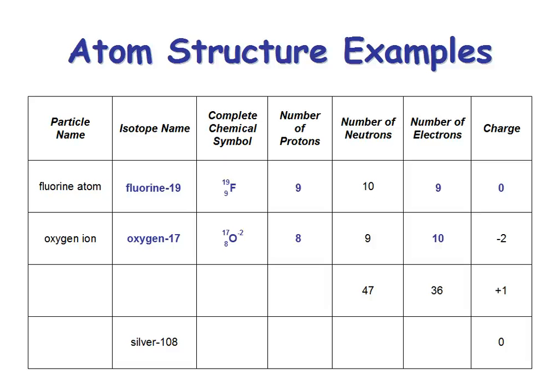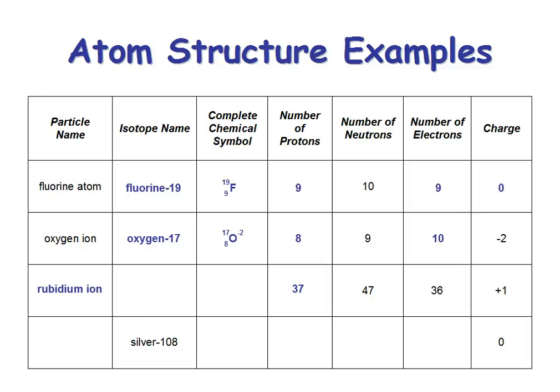In our third example, I've given you the electrons and the neutrons and the charge, and I want you to find the other pieces. Because I gave you the electrons and the charge, you can determine the protons. It would need to be one more, so that you would have a difference of +1. 37 tells us our element, which would be rubidium, and because it has a charge, it is an ion.